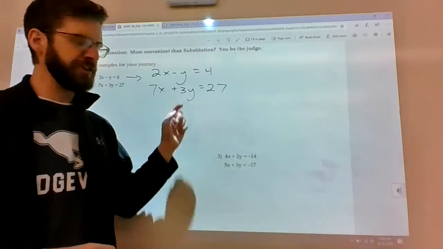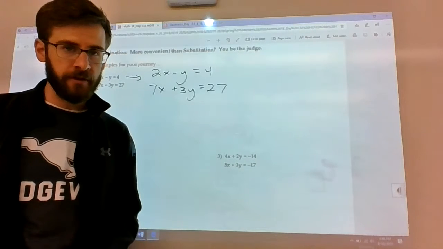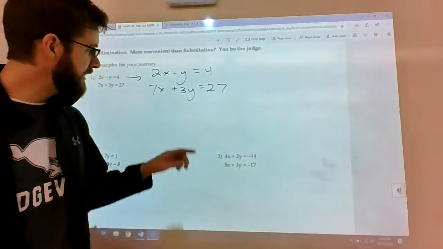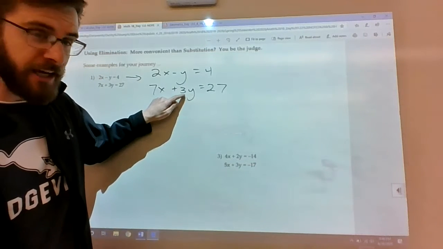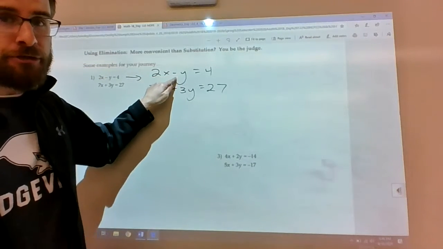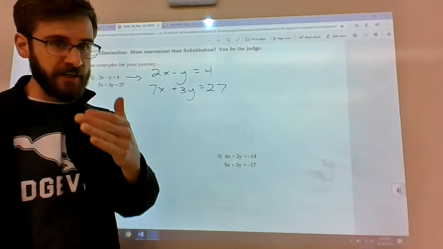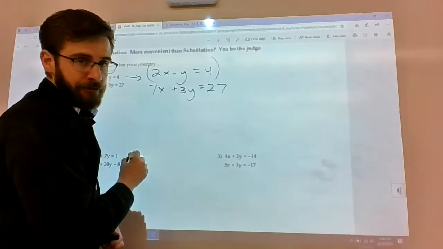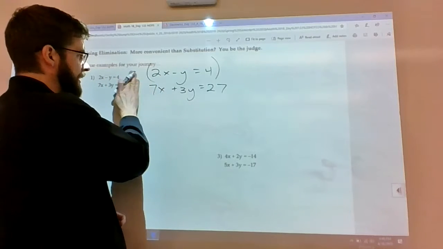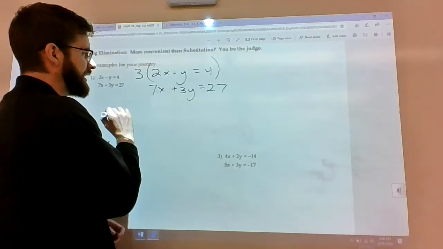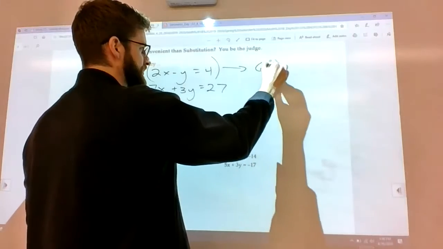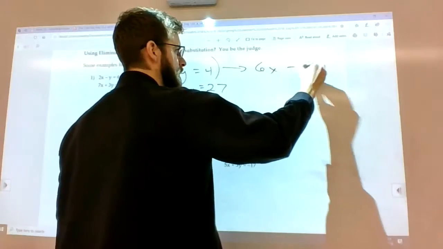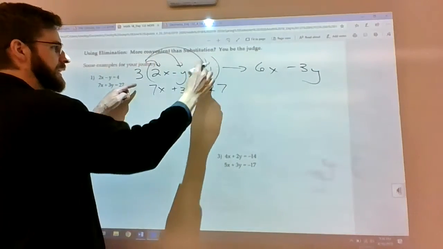Which one of these variables do you think is going to be more convenient to work with? Yeah, you're right. It's the y. If I have 3y down here, all I got to multiply this top by is 3 to get an opposite y value. That's negative 3y. So multiply by 3 and you get 6x minus 3y equals 12.